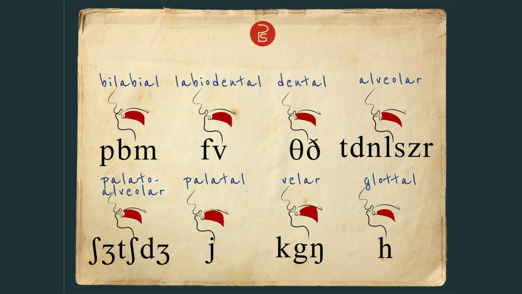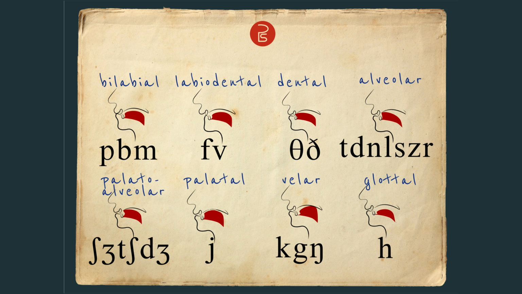Of course, with the r, the tongue doesn't actually touch the ridge. Not anymore. And just behind the alveolar ridge, we've got sh and zh and ch and j. On the hard palate, that's the roof of the mouth, that's what we'd call palatal. We've got y.